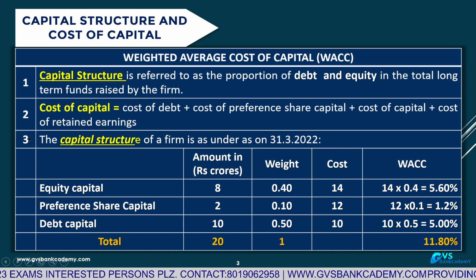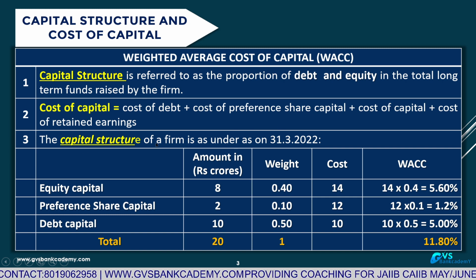This is also an important factor. Cost of debt means how much you are paying on the debt. Preference share capital means how much preference dividend you are paying every year on this.